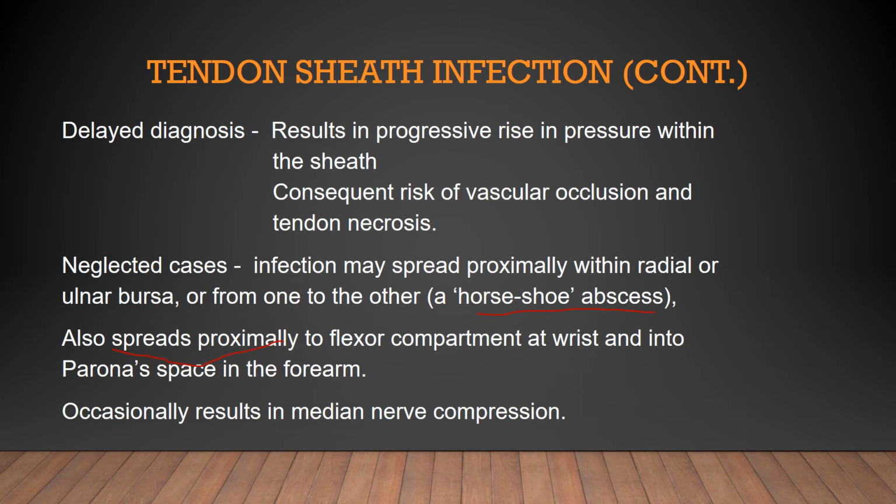It also spreads proximally to the flexor compartment at the wrist and into the space of Parona in the forearm. This space of Parona term I've already mentioned earlier, so you can look it up and see. And it occasionally results in median nerve compression. So that's one thing important to note here.